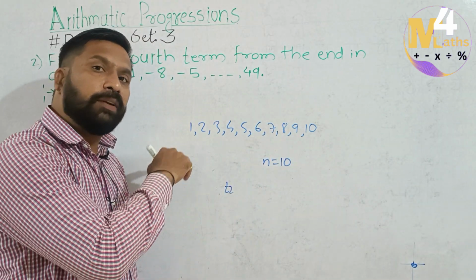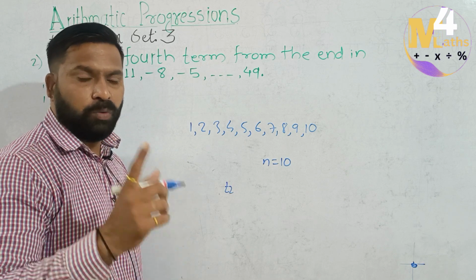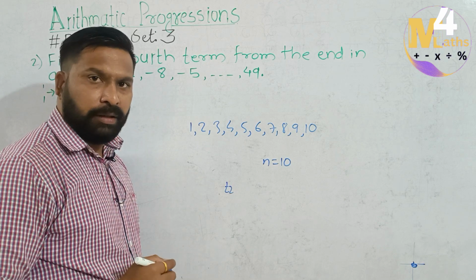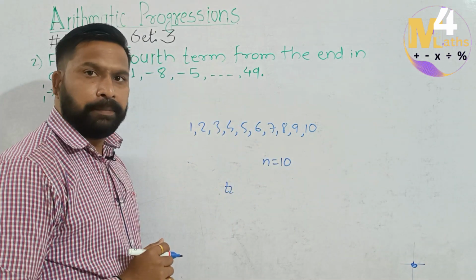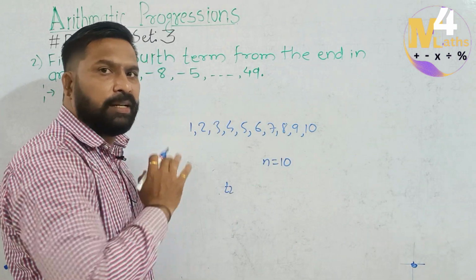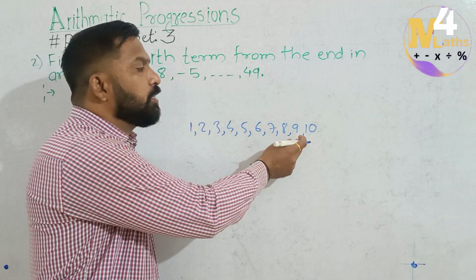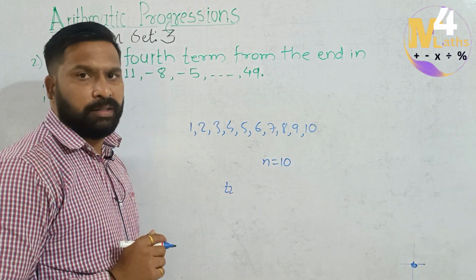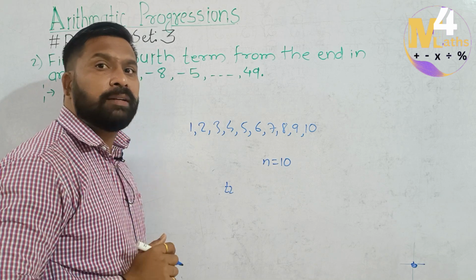And from the beginning, which term is it? It is the 9th term. Total 10 terms are there. From 10, how much do we have to subtract to get this term? Only 1. If I want to find the second term, then I have to subtract 1.